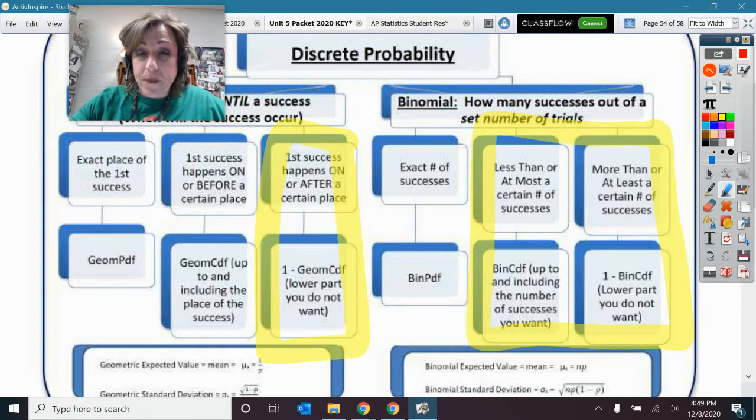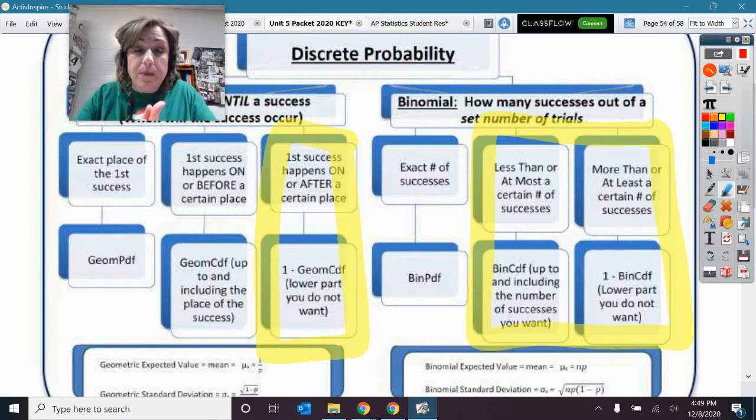The problem is that our calculator has some limitations of how we can accumulate. Similar to how we did normal model stuff, we could only accumulate from the bottom part up to a certain point with our calculator. So that's going to happen here and cause us some limitations as well.